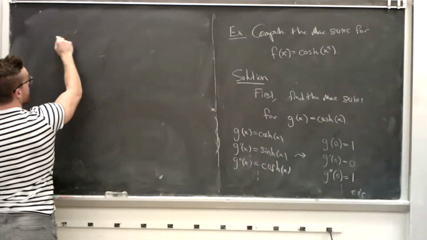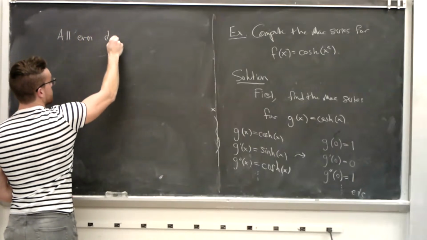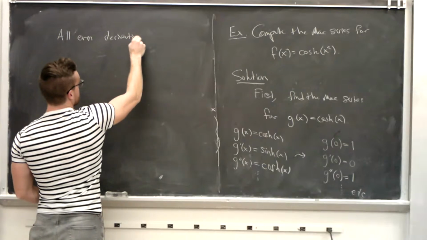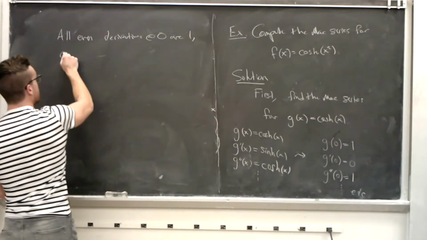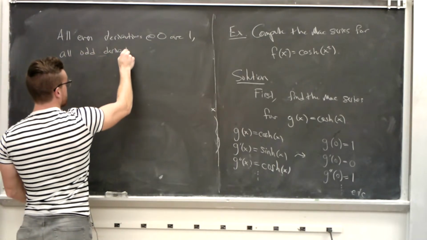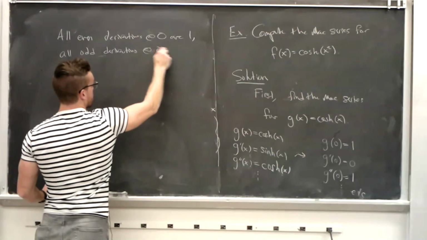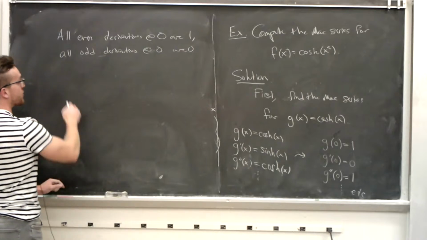So let me write that down. I would say all even derivatives at 0 are 1, all odd derivatives at 0 are 0. So what does that tell me about the Maclaurin series?